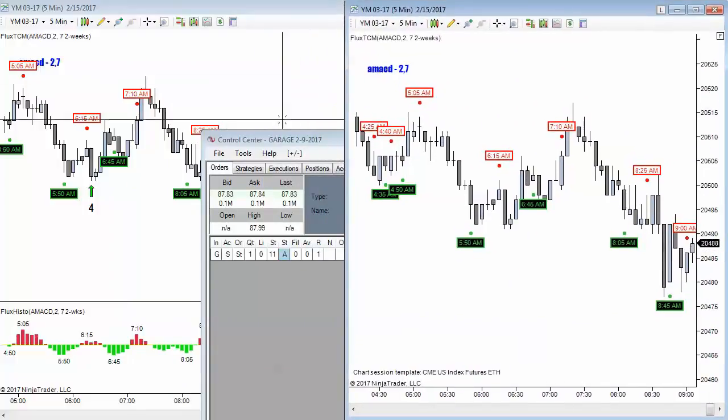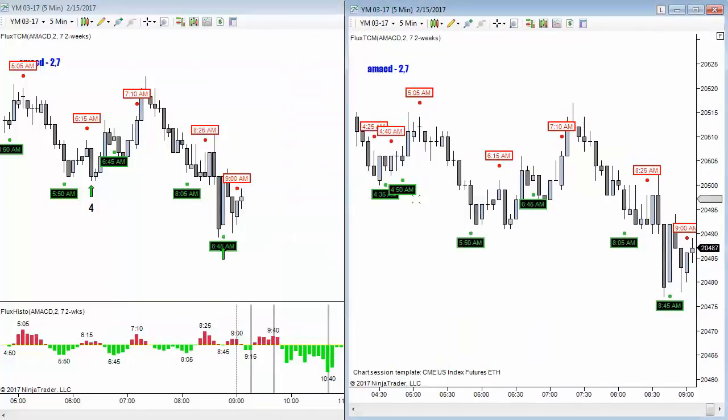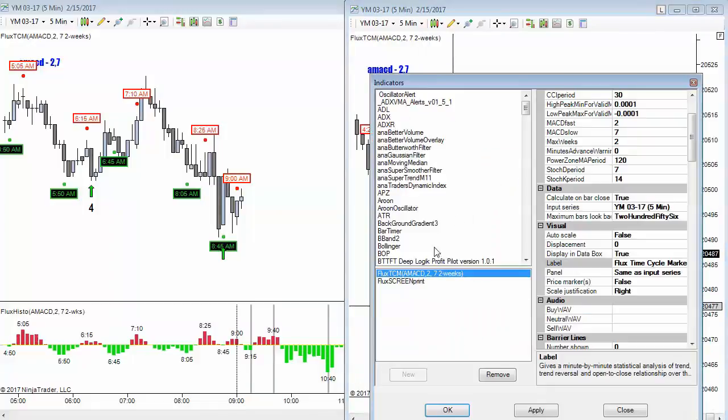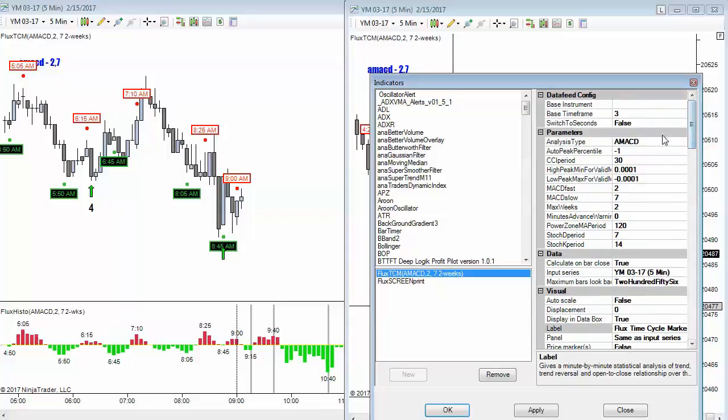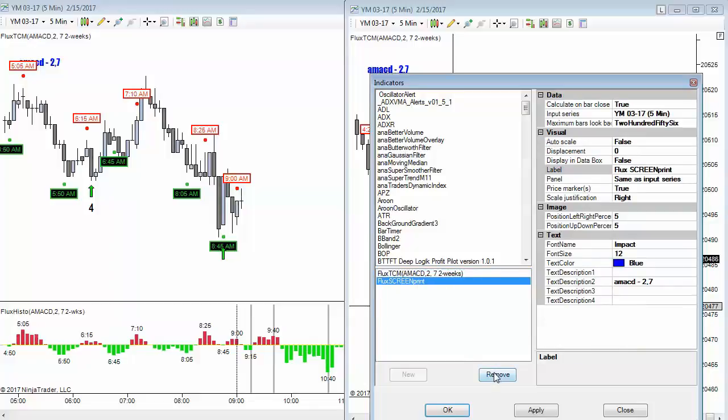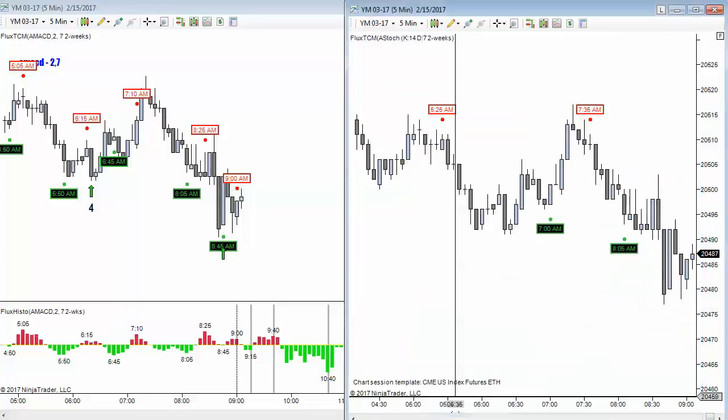Only now I'm going to explore a different filter value. Instead of a MACD, Chris, I'm going to look at a stochastic. And the default settings on the stochastics are 7 and 14. Take out the screen print for now.